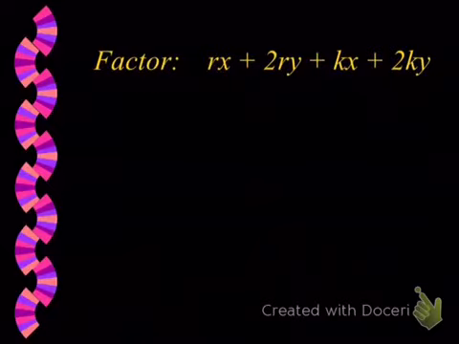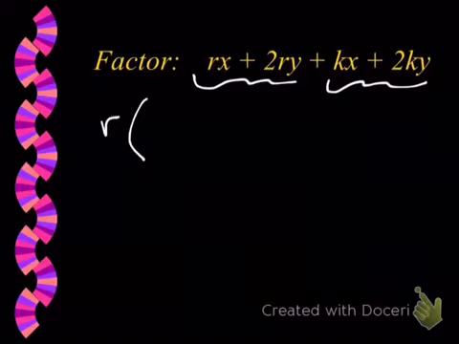No, just 1, and that's not an interesting factor. Everything has a factor of 1, right? So let's group them. Let's take these two and these two, and then take a GCF out of each. What's the GCF in the first pair of terms? R, and when we take out an R, what are we left with? X plus 2y, right?